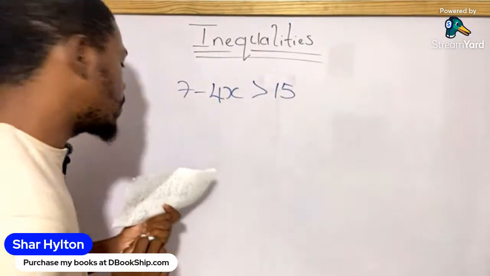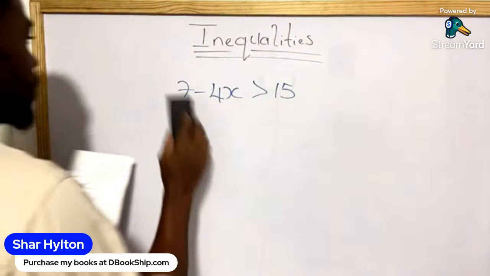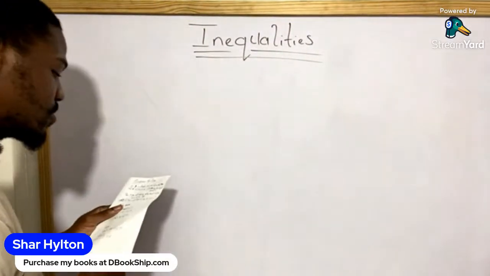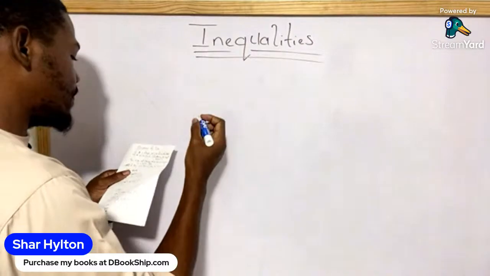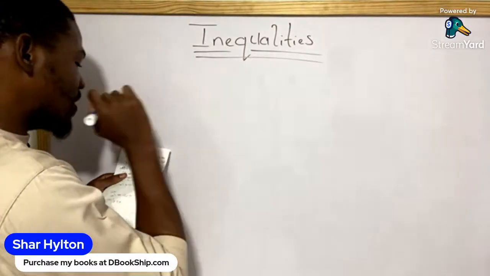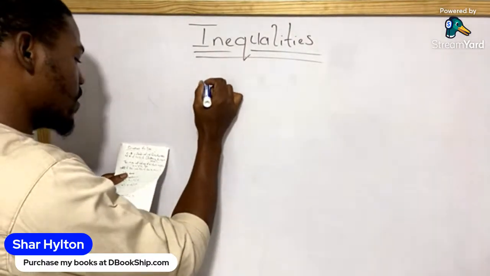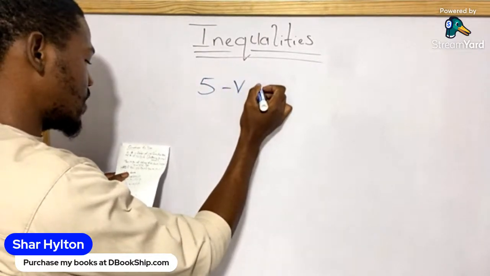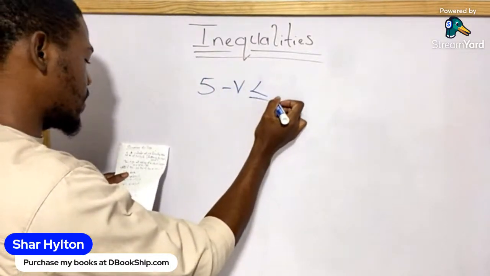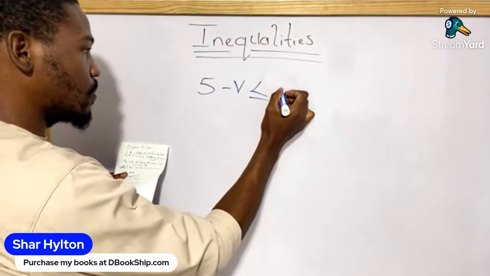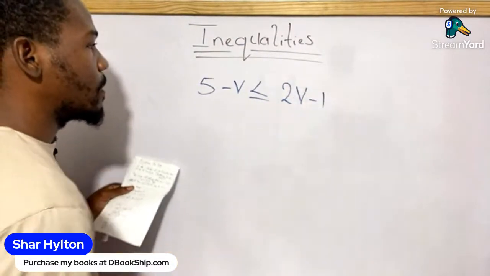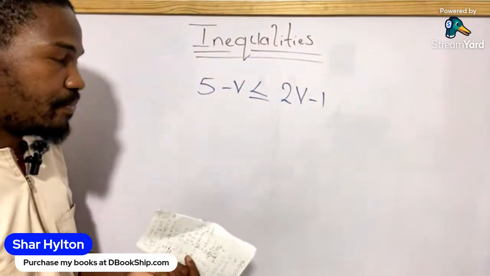Before I do that one in particular, there's one that I want to look at first. So find the range of values of v when we have 5 minus v is less than or equal to 2v minus 1. So let us look at this one now, right?